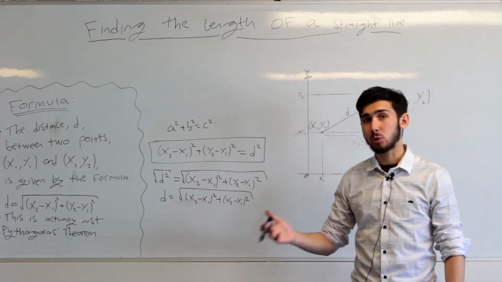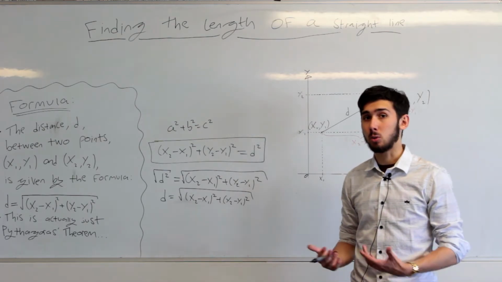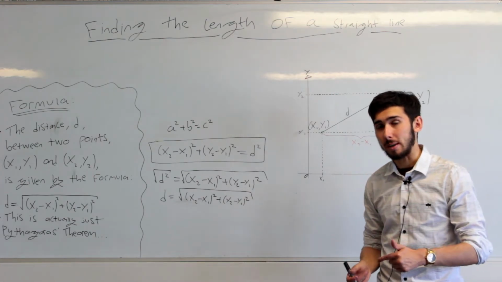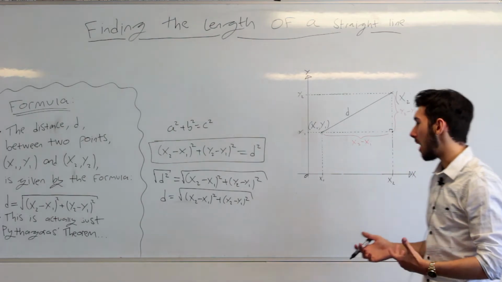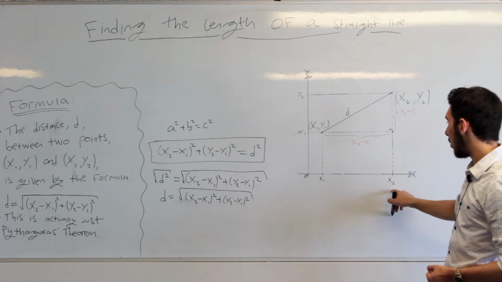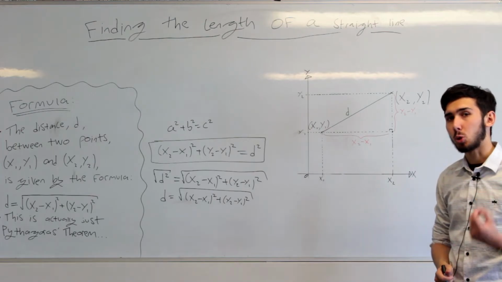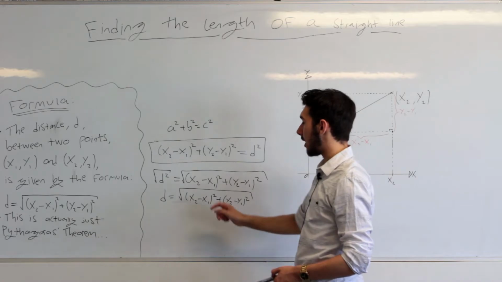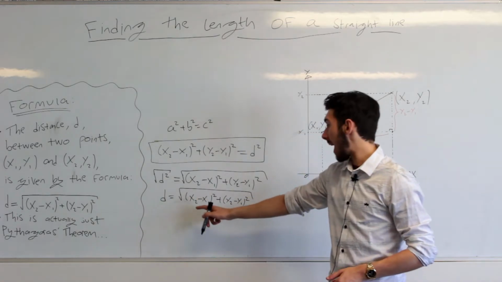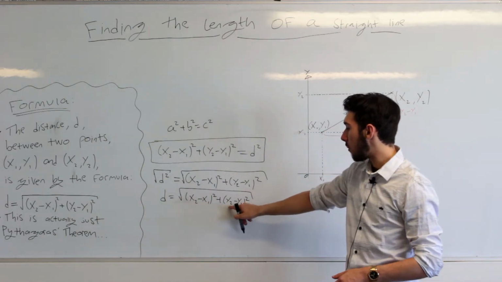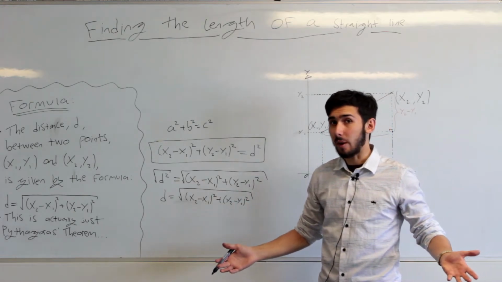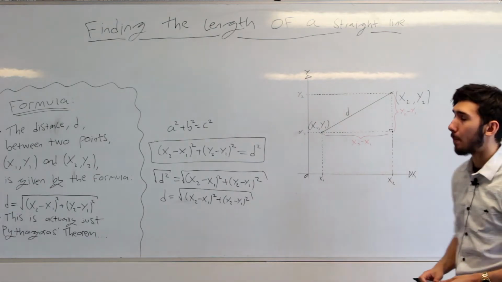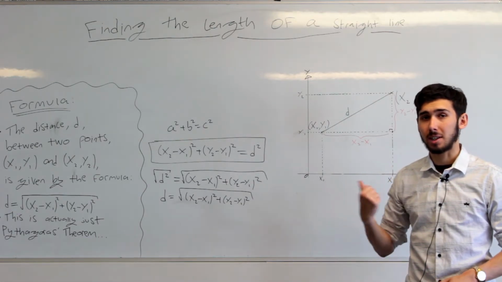For instance, 5 squared is 25, but minus 5 squared is also 25. 3 squared is 9, but minus 3 squared is also 9. So it doesn't matter whether we do x1 minus x2 or x2 minus x1, if we're going to square it at the end, it won't make a difference. So if you ever see this formula with x1 minus x2, y1 minus y2, that's absolutely fine.